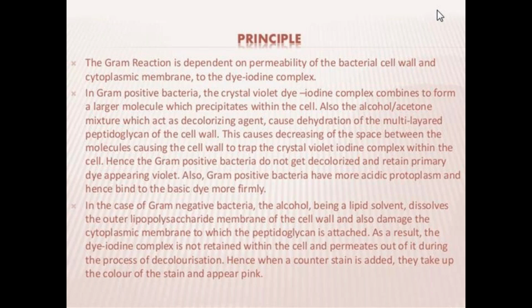And here the stains used are crystal violet, gram's iodine and safranin. Mainly two types of stains are used here: primary stain and secondary stain. Primary stain means that is the first used stain, and that causes the taking up of the dye first.